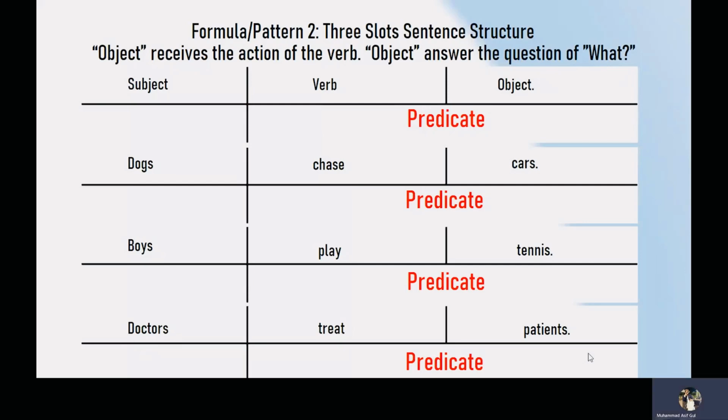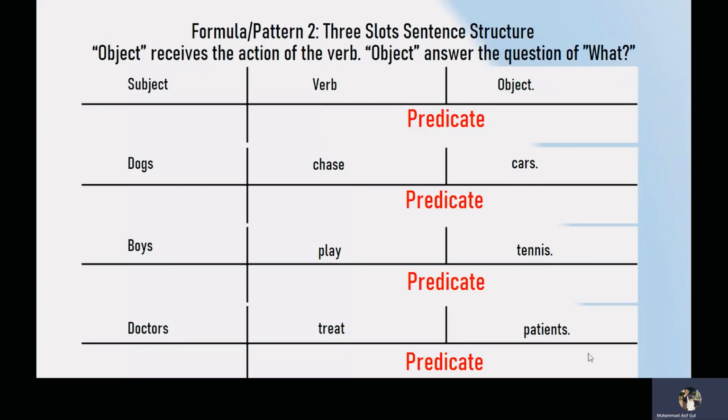An object receives the action of the verb. Let's see this sentence: Dogs chase cars. Now, what is chased by dogs? Cars.